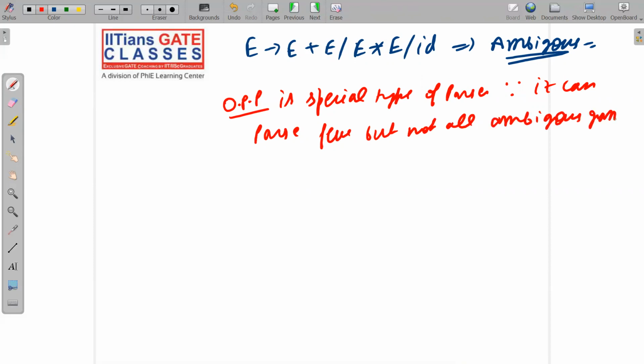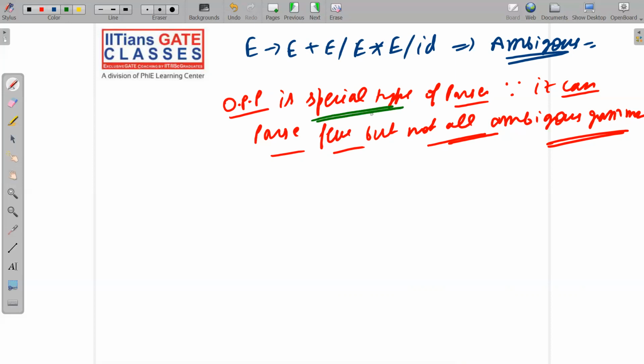That is the main advantage of operator precedence parser. I have already told you this is an exception. That's why I'm calling it a special type of parser.